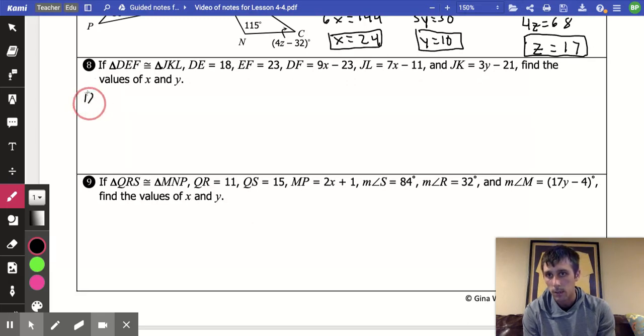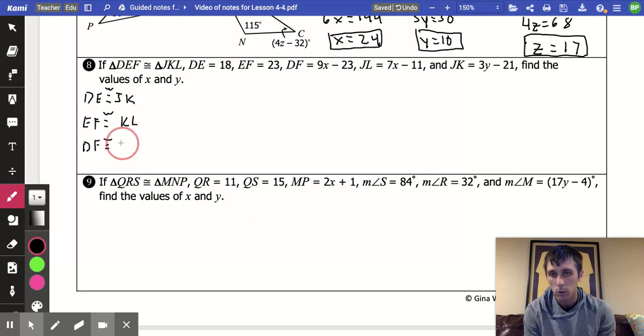So the side DE is going to be equal to what? JK. They're the first two. Then we're going to go to the next two. EF is going to be congruent to what? KL. And then the last one, FD, or DF, either one, is congruent to, since I went DF, I'm going to go JL.